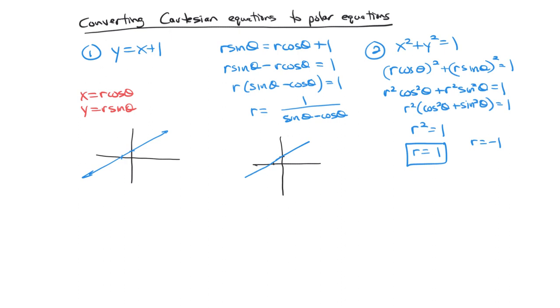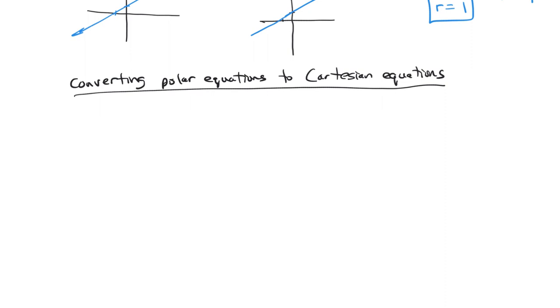Okay, so that is going from Cartesian equations to polar equations. Also, sometimes they'll ask us to go in the other direction. Okay, so let's take a look at a couple of those. All right, so I'm going to convert the other way now. Let's say we have r cosine theta equals 2.